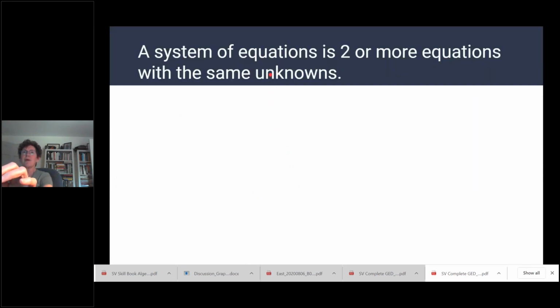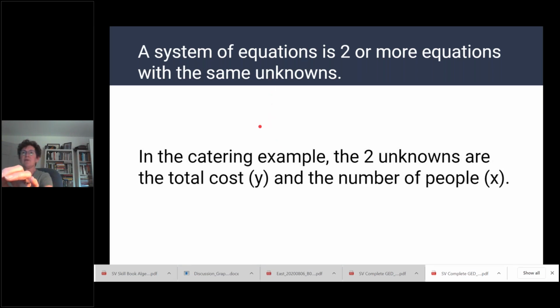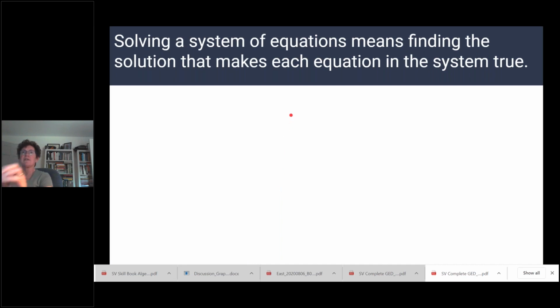So a system of equations is two or more equations with the same unknowns. In the catering example that we just looked at, the two unknowns are the total cost, which is my y variable, and the number of people, that's my x variable. Solving a system of equations means finding the solution that makes each equation in the system true.